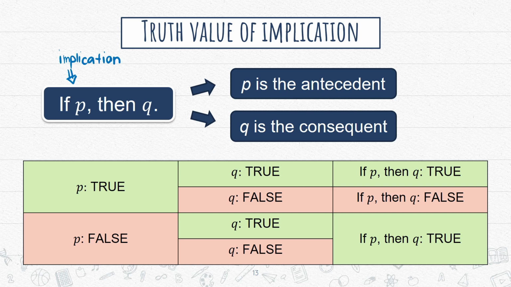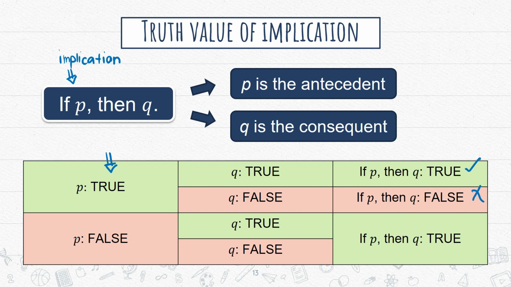From rule 1, the antecedent needs to be true and the consequent also needs to be true for the whole implication to be true. In this table, if P is true and Q is true, then the implication is also true. How about if Q is false? Then the whole implication will be false.